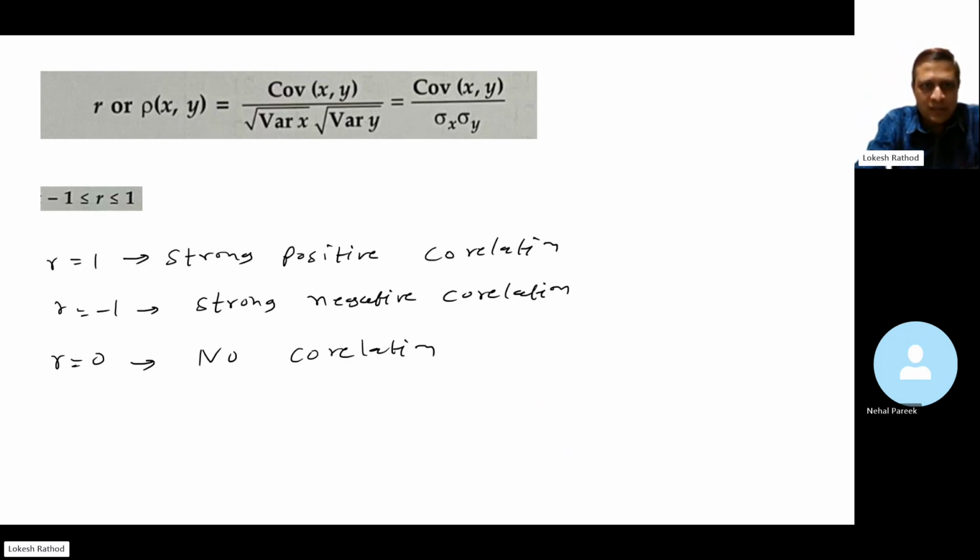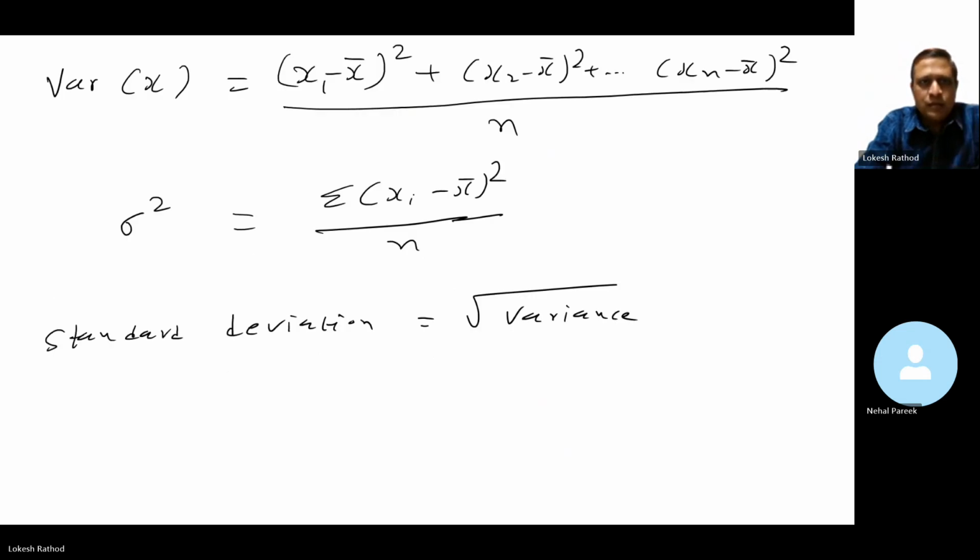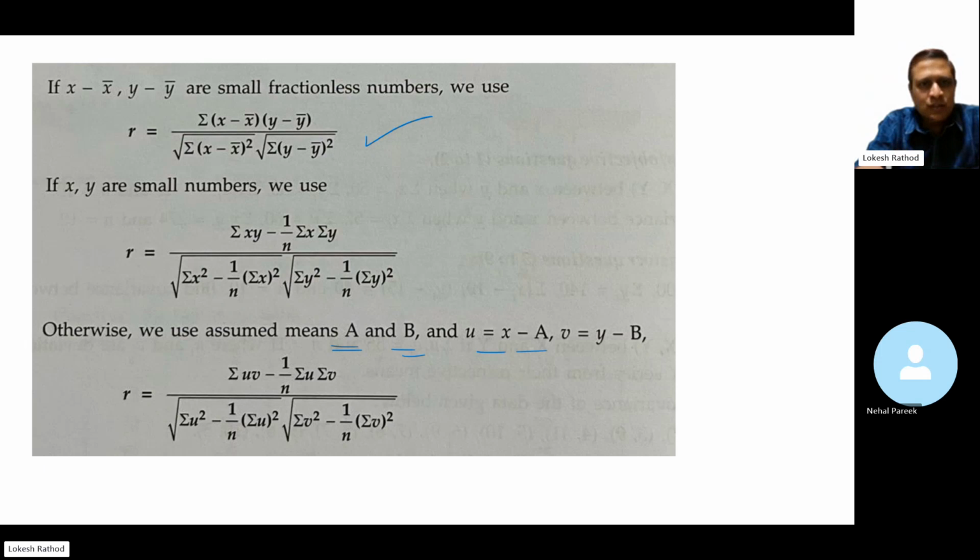Okay, the same thing we have discussed, right? R equal to 1, strong positive correlation, negative 1, strong negative correlation, 0, no correlation. This thing, variance, standard deviation, all we have discussed. So these are the formulas given in your book. It's actually the same thing only.